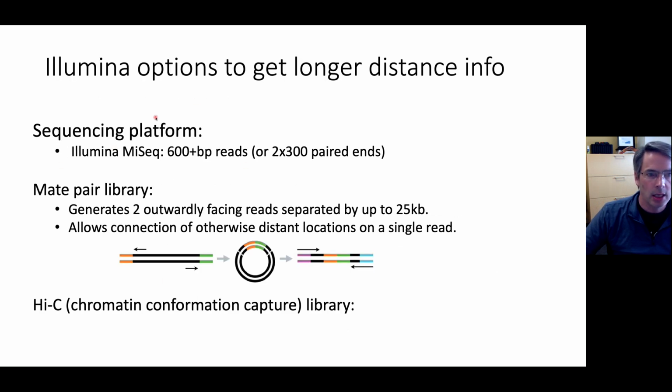Okay, the second one, how do you improve the length? So this is another strategy. The MySeq talked about that. Mate pair libraries. This is where you can essentially create a way to get reads of known distance apart that are farther away than the fragmenting method that I talked about before.